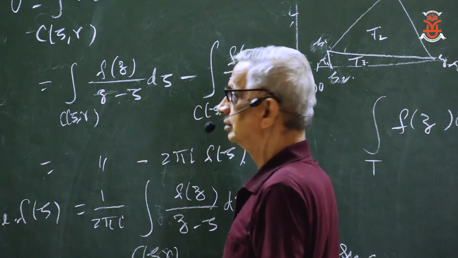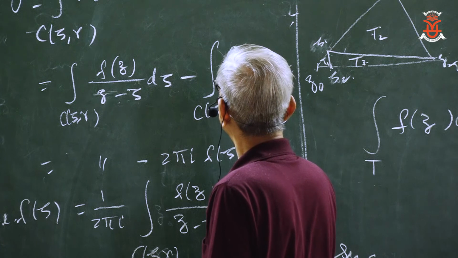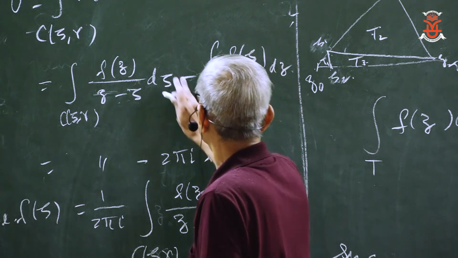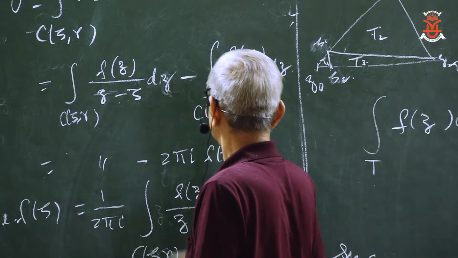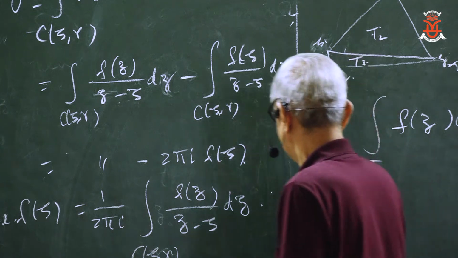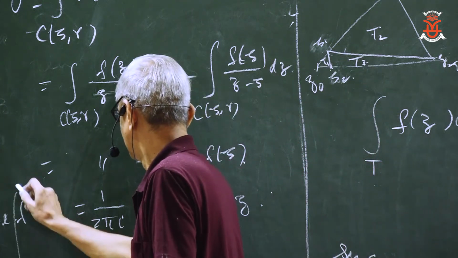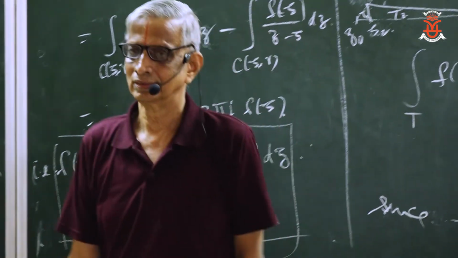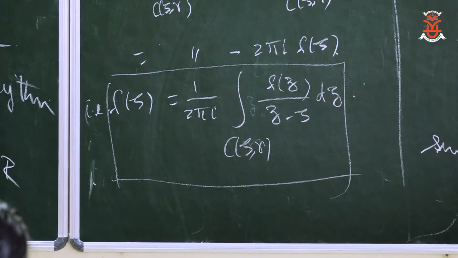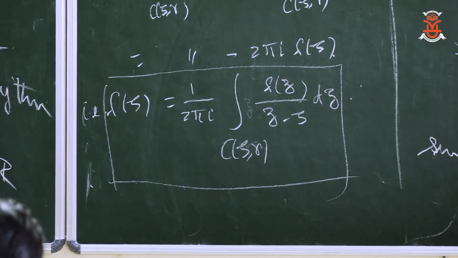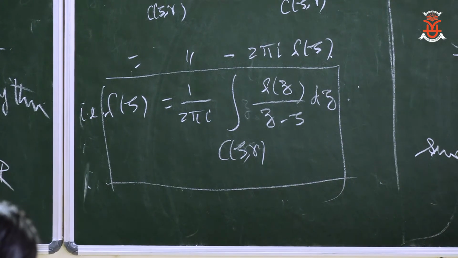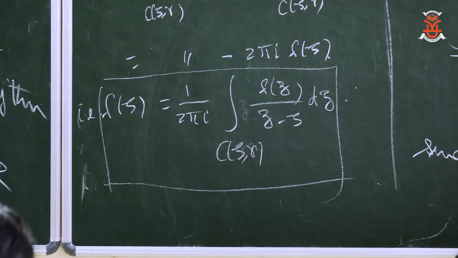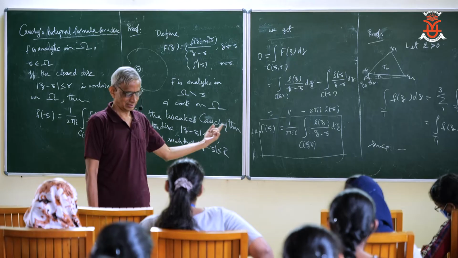So that's the Cauchy formula for a disk. The value at the center, right?